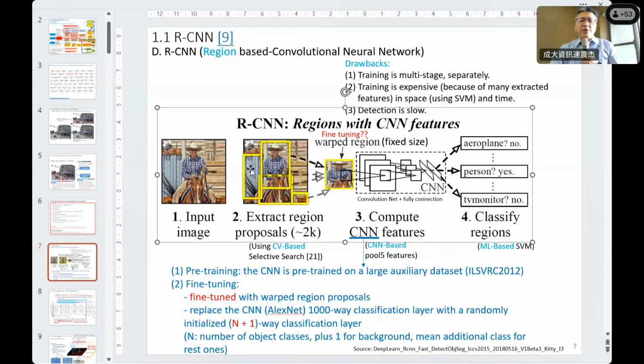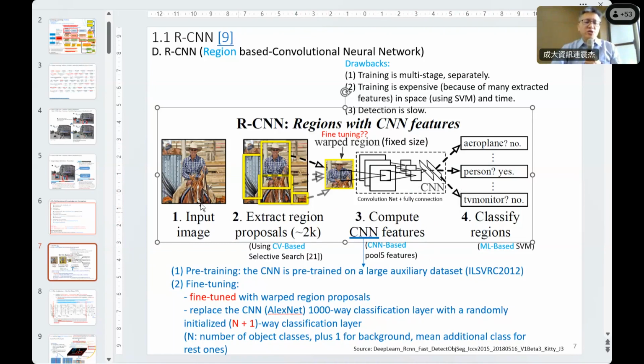Okay. After they had RCNN, people thought about what was inconvenient. Here, the inconvenience is detection, because this cannot be one network.